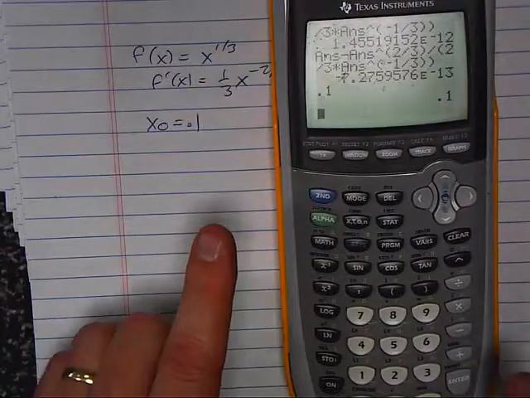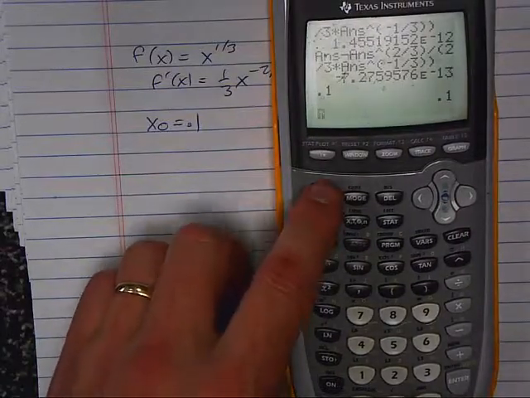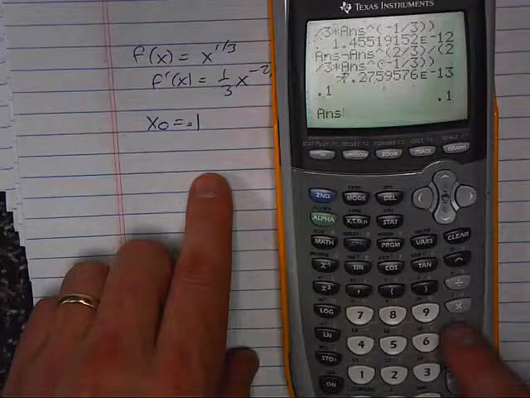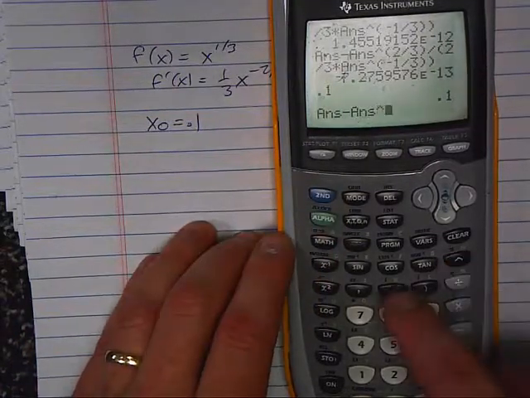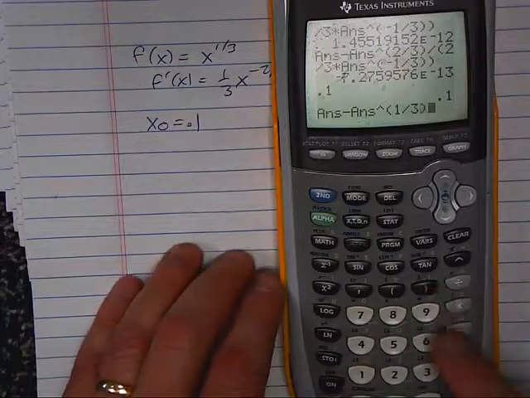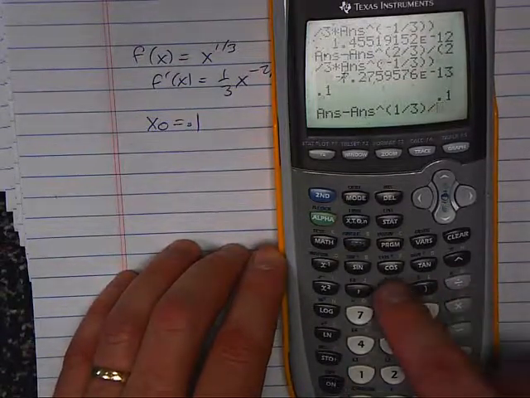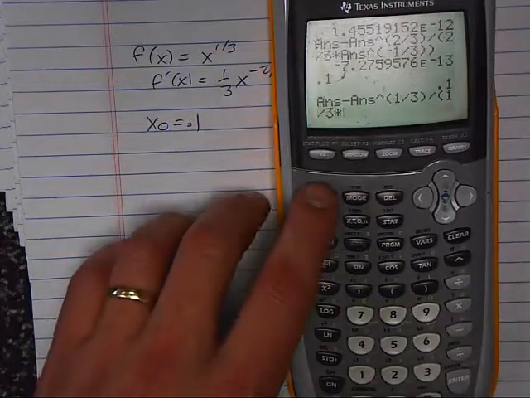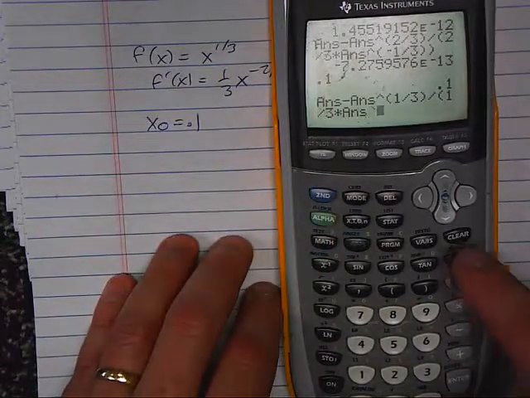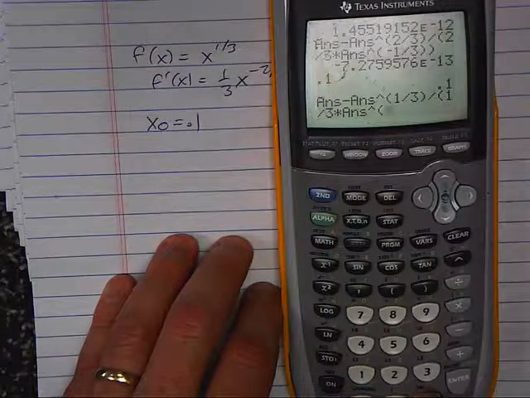I'm going to do it right the first time this time. So I want 0.1 minus 0.1 raised to the 1/3, divided by 1/3 times 0.1 raised to the -2/3.